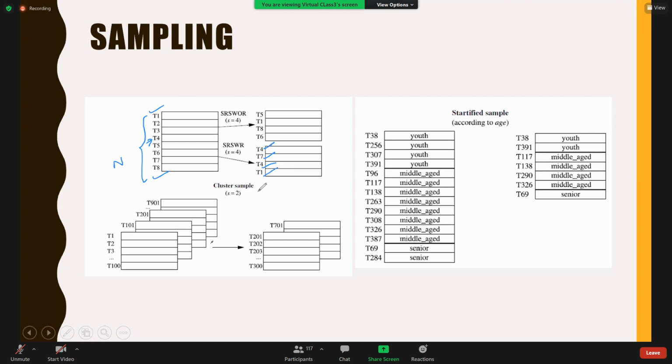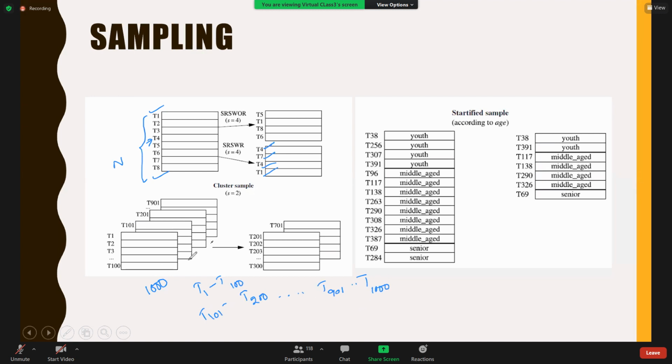Coming to the third technique, here we considered 1,000 tuples. We have clustered these 1,000 tuples, for example, T1 to T100 is the first cluster, and T101 to T200 is the second cluster, and so on until T901 to T1000, which is the last, ninth cluster.